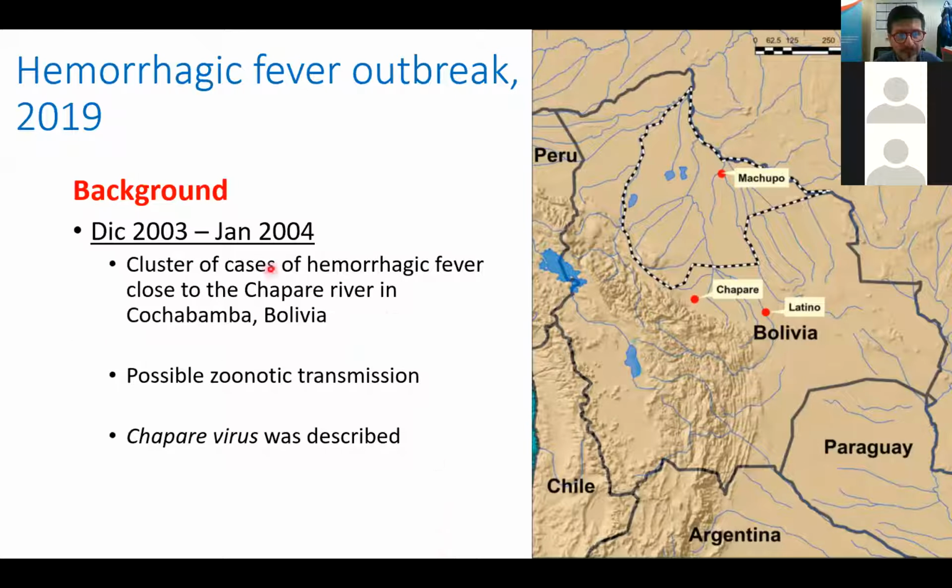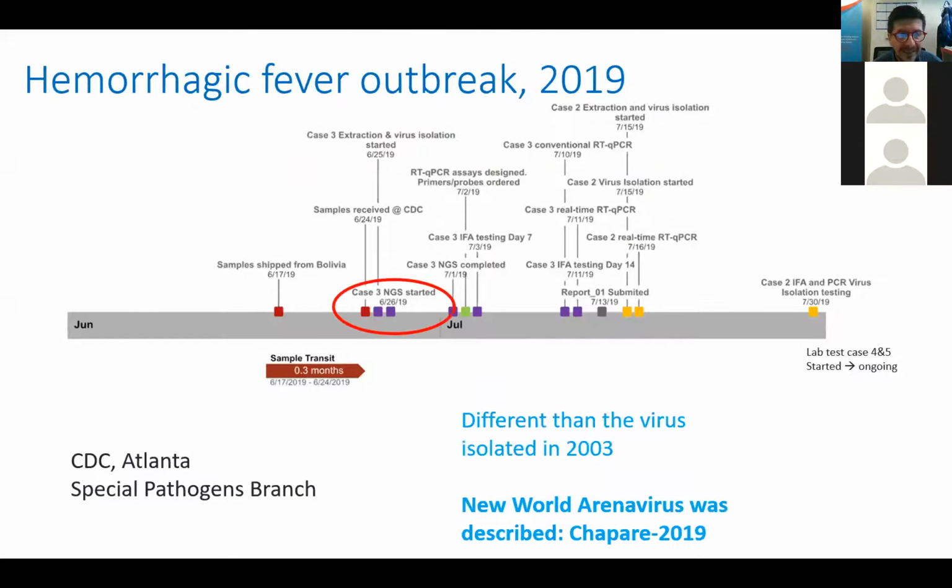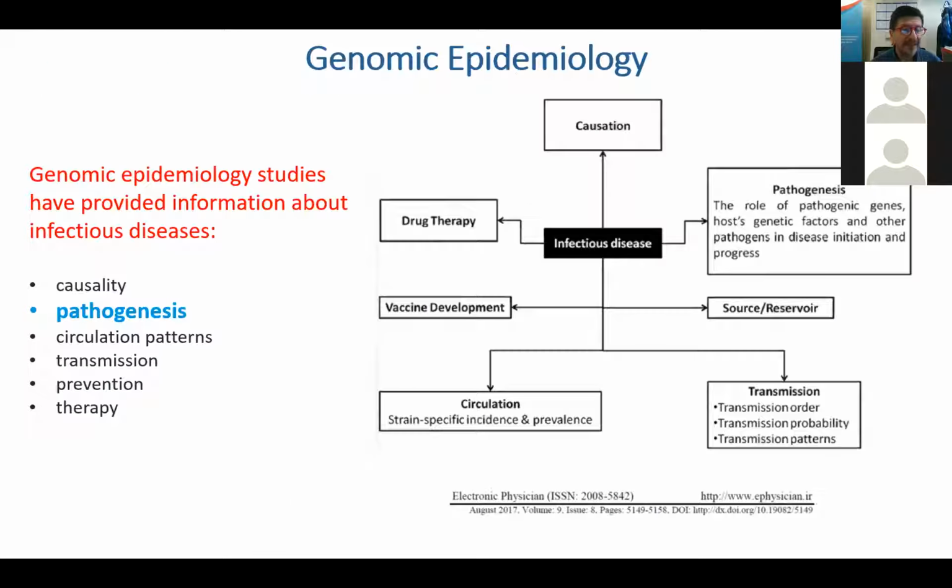As background, we had the presence in that area of a virus between 2003 and 2004, called the Chapare virus. We began to study, and after collecting samples, and thanks to complete genome sequencing, we were able to determine that the virus being detected was different from the one isolated in 2003. It was a new arenavirus described as the Chapare 2019 virus.